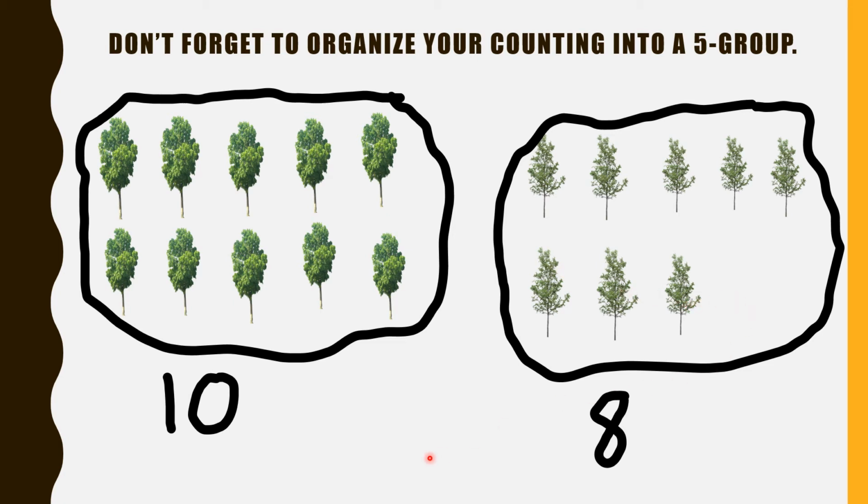See how nice and organized our counting is? Now we can clearly see the two parts to this number story. These two parts can go in our number bond, and then we can find the whole next.